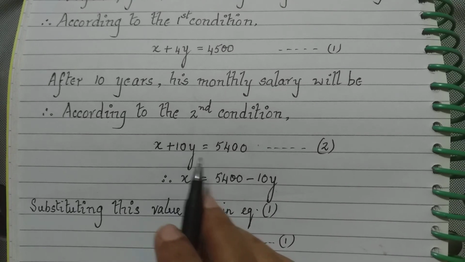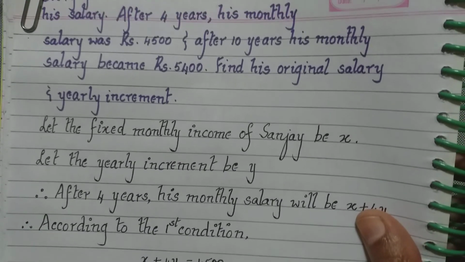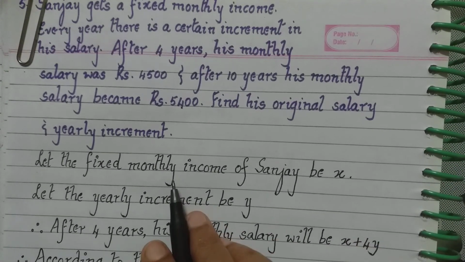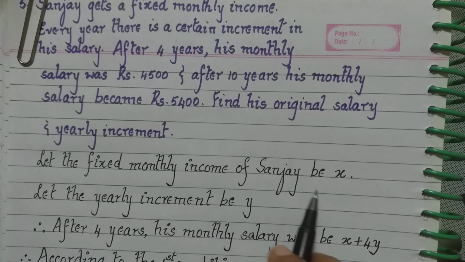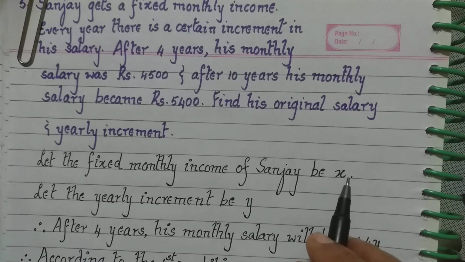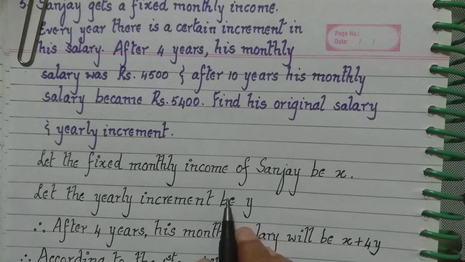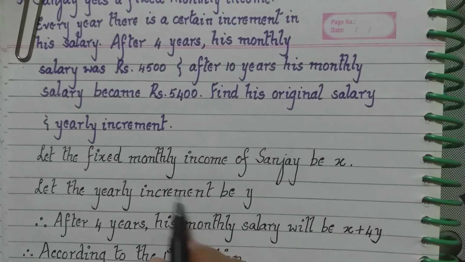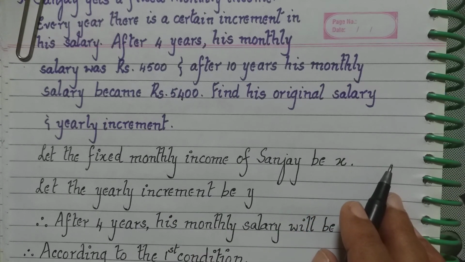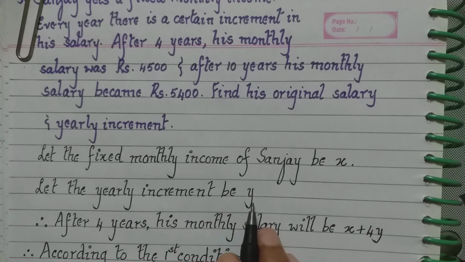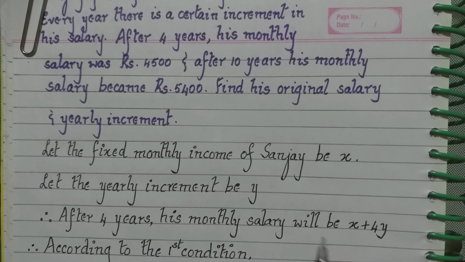Now X is 3,900 and Y is 150. But what had we considered X and Y as? We had said that his fixed monthly income is X and the yearly increment is Y. So therefore his fixed monthly income is X equal to rupees 3,900 and yearly increment is Y equal to rupees 150. So let us write that.